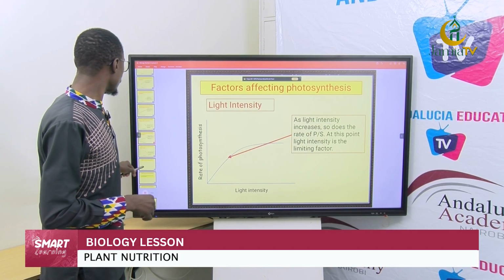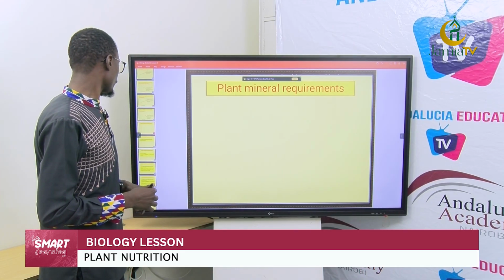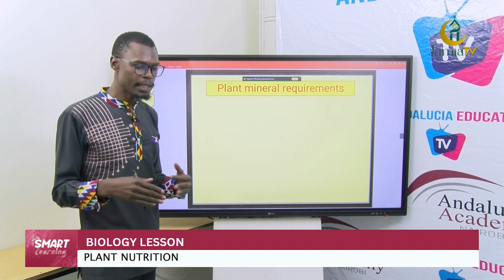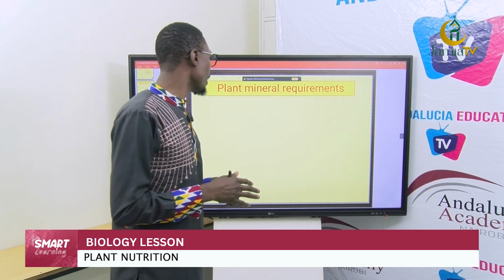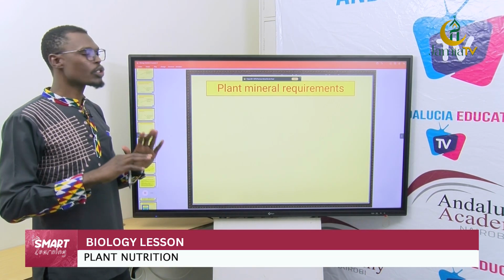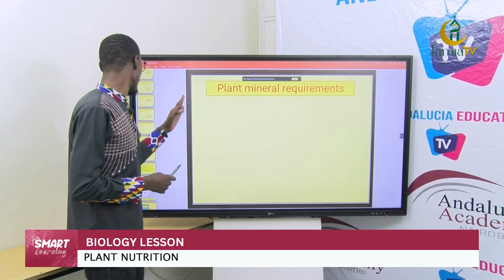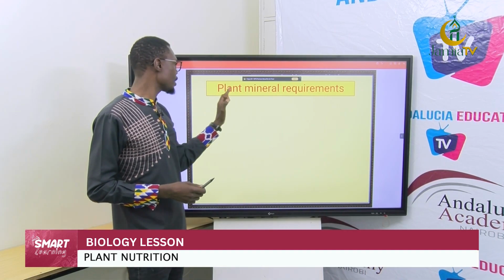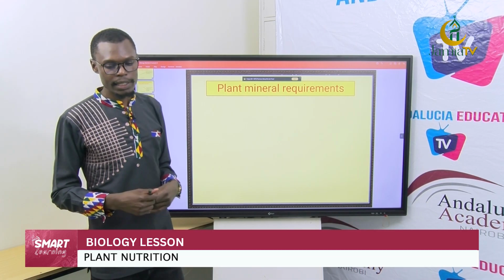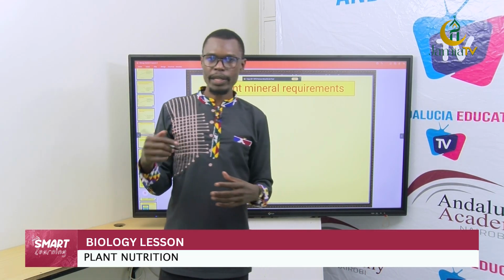For plant growth, or for this photosynthesis and making of products like carbohydrates, the process is also facilitated by other materials, like the mineral salts. Normally, the plant absorbs water from the soil.